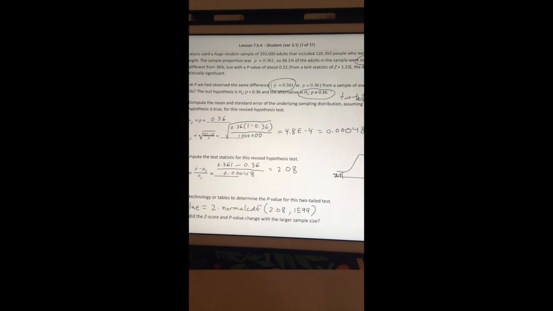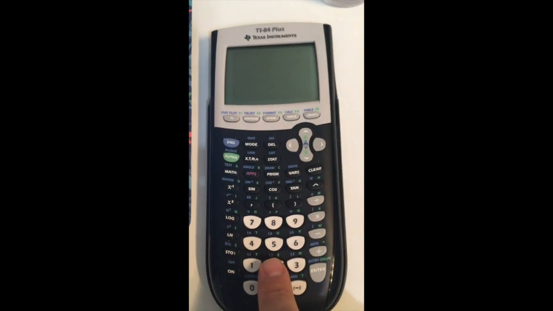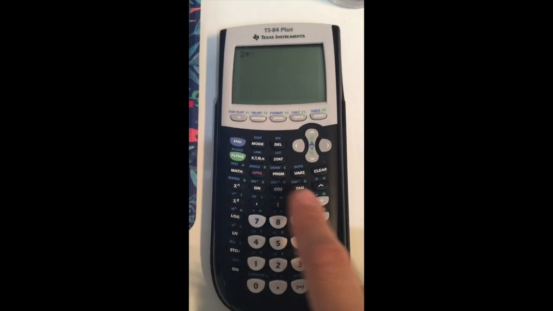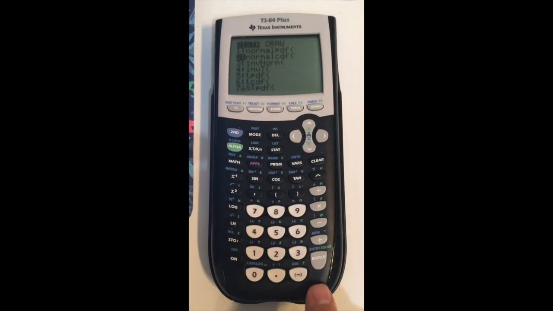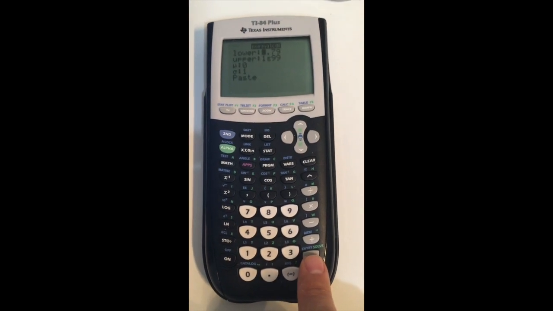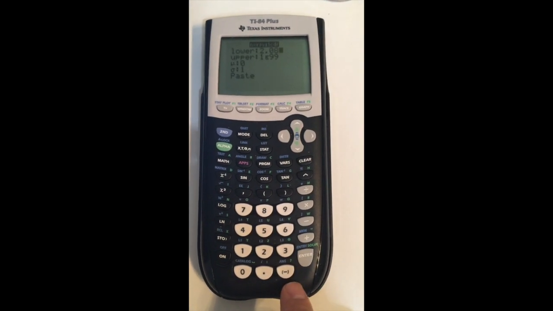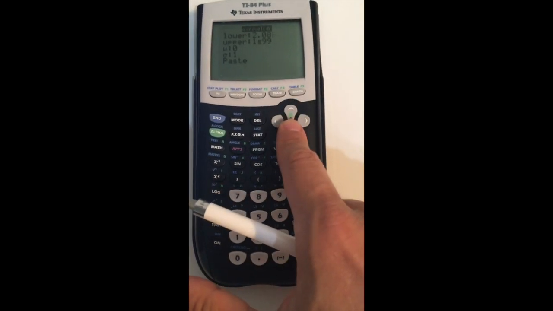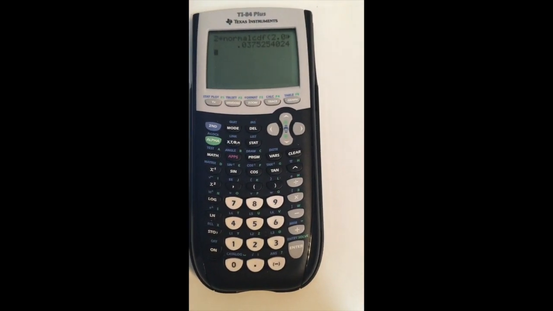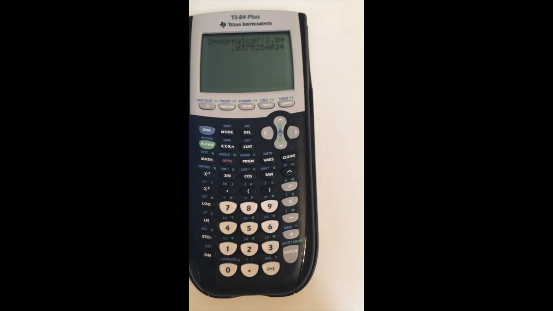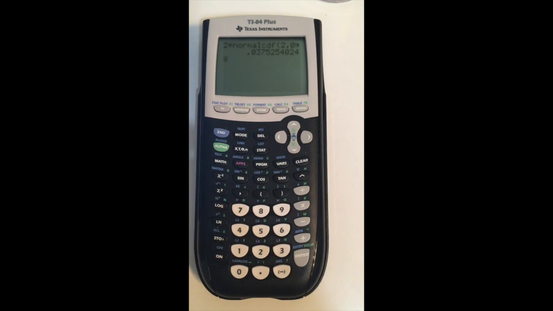So we go over to the calculator. Remember, it's a two-tailed test, so I'm going to do 2 times, and then second, DISTR, go to normal CDF, and the lower limit is 2.08, and the upper limit is 1E99. So I'm going to paste, hit enter, and I end up with 0.038 if we round it to 3 decimal places.